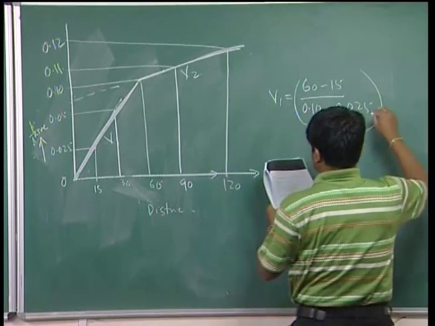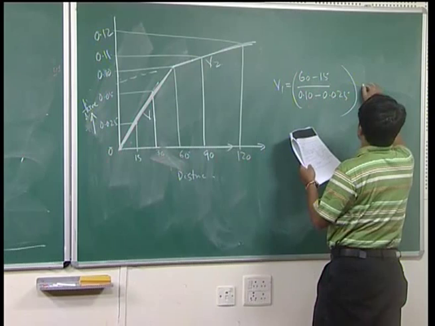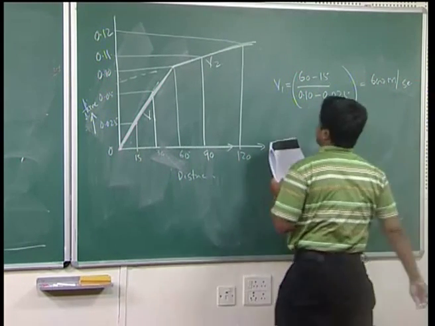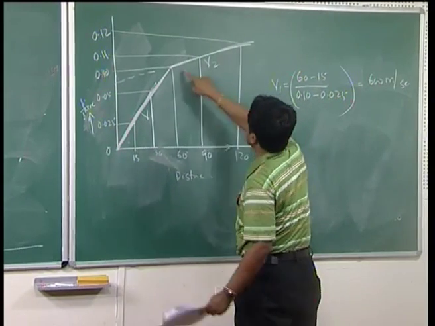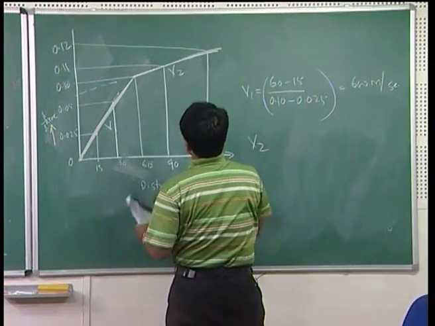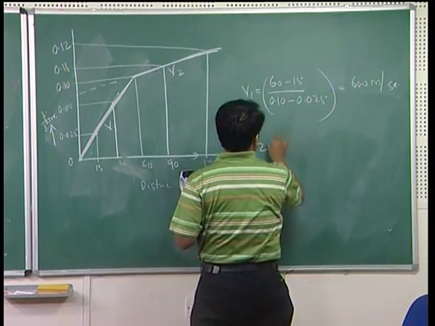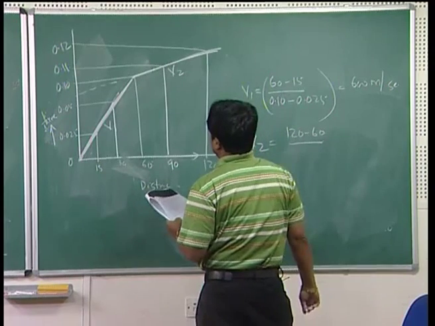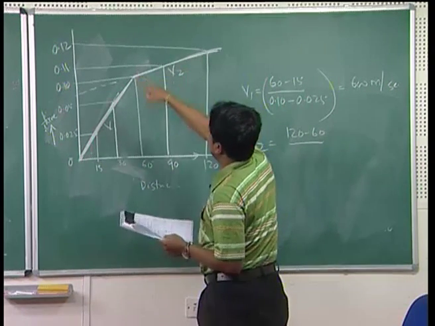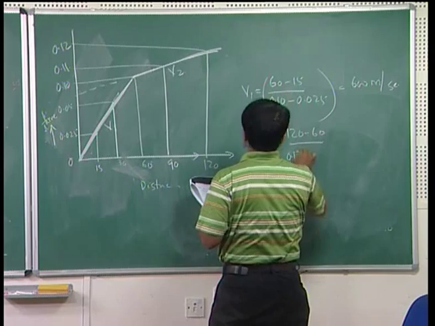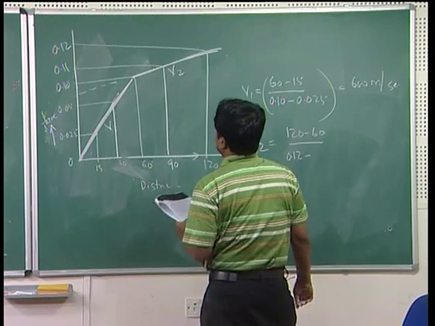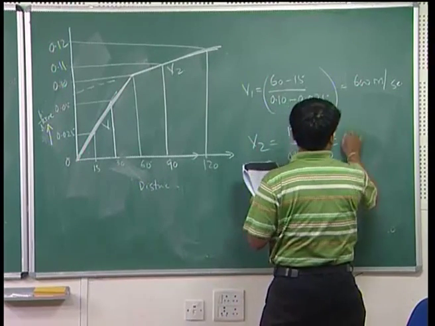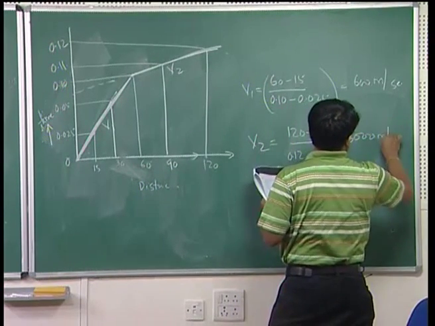This will give 600 meter per second. Similarly, V2 from this graph is 120 minus 60 divided by the corresponding time, 0.12 minus 0.10. It will be 3000 meter per second.